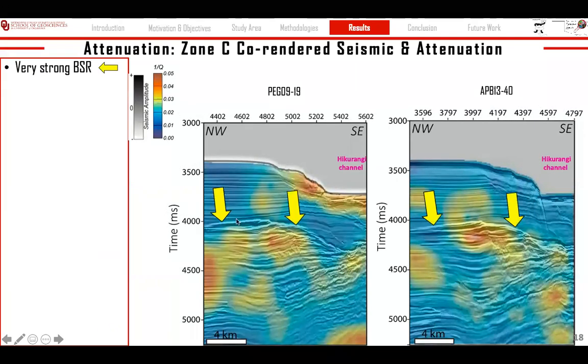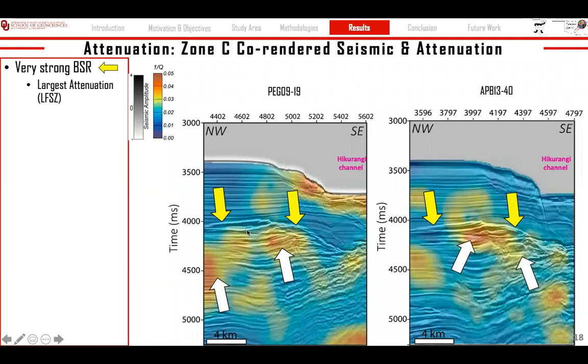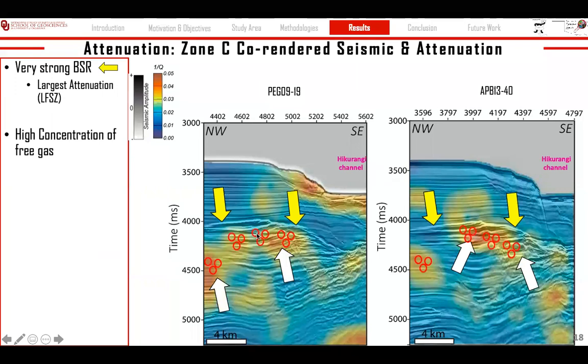However, in the region of the very strong continuous BSR, we observe the largest attenuation responses in the seismic data, especially where we interpret the accumulation and presence of free gas, as shown in the previous studies that are located near the Hikurangi channel.